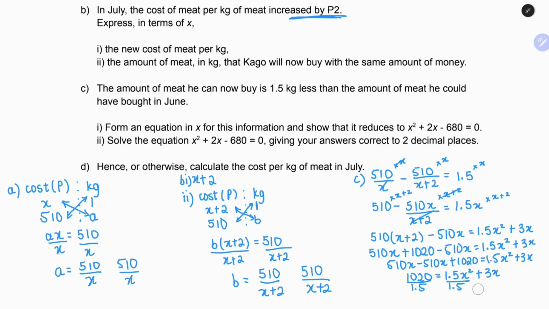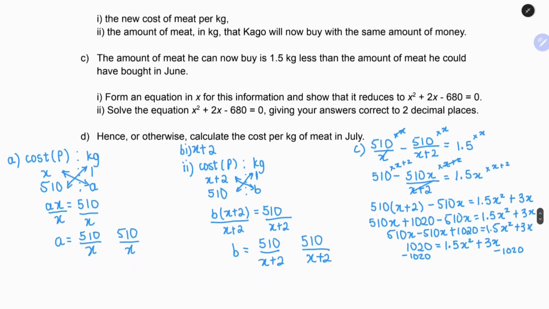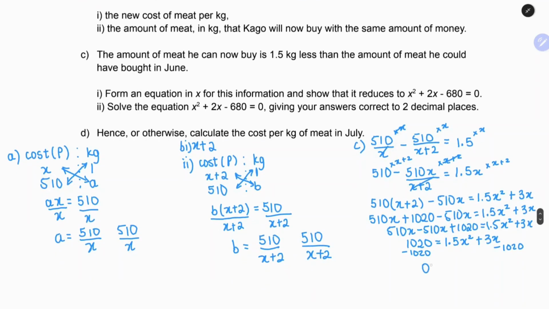Or rather, before we even do that, let me take it all to the same side. So I'll just say minus 1020 on both sides, and we'll remain with 0 is equal to 1.5x squared plus 3x minus 1020.